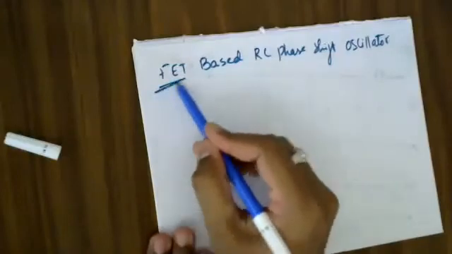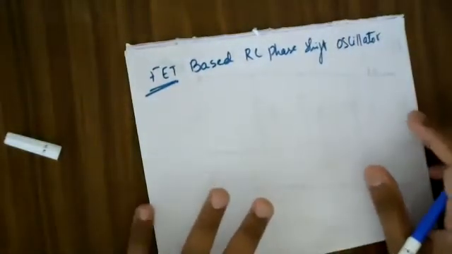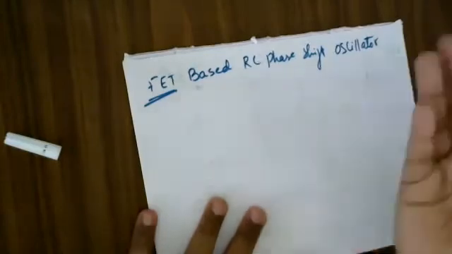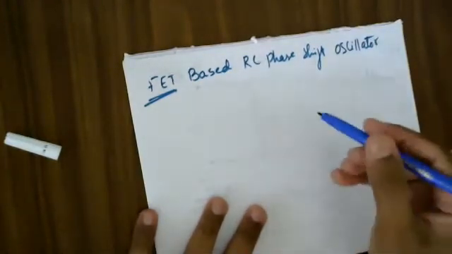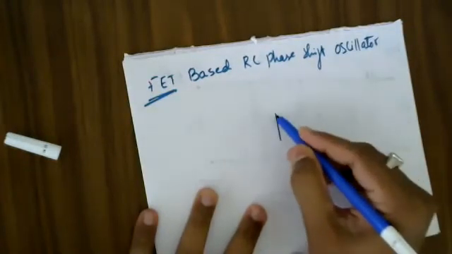In previous basic electronics, instead of FETs, people were using BJTs to build oscillators. But as per the syllabus, now we have to use FET-based RC phase shift oscillators. So just a component is changing, but the fundamentals will remain the same. First I need to have my FET based amplifier, which we have been studying right from module 1. So let me say that this is my gate.